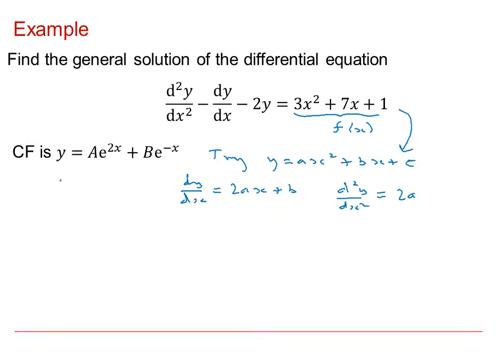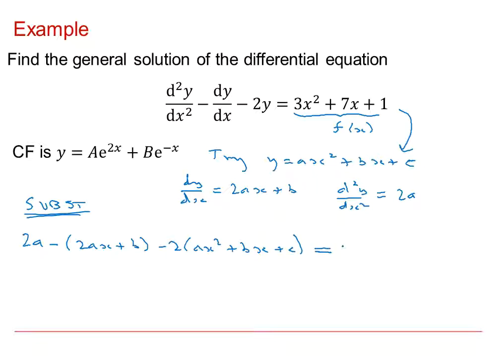Now we substitute y and its derivatives into the non-homogeneous differential equation. So starting with the second derivative, we need a second derivative minus a first derivative minus 2y, and we now need it to equate exactly to the right hand side, 3x squared plus 7x plus 1.